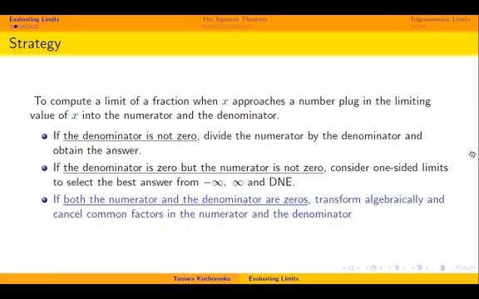If both the numerator and the denominator are zeros, transform algebraically and cancel common factors in the numerator and the denominator. In the next 5 examples, we will see how we can algebraically transform different functions to compute limits.